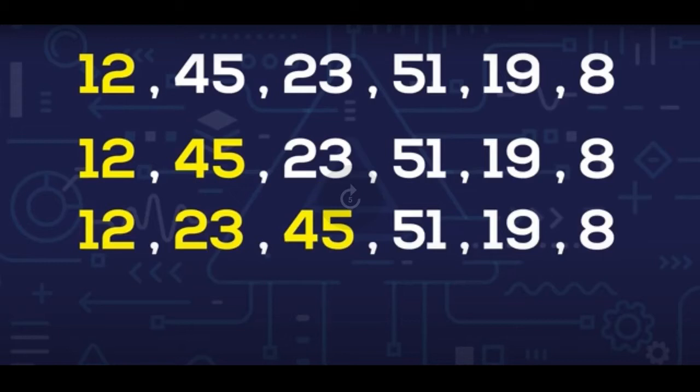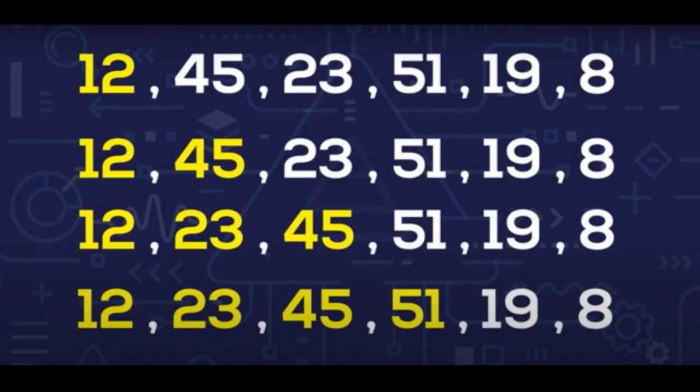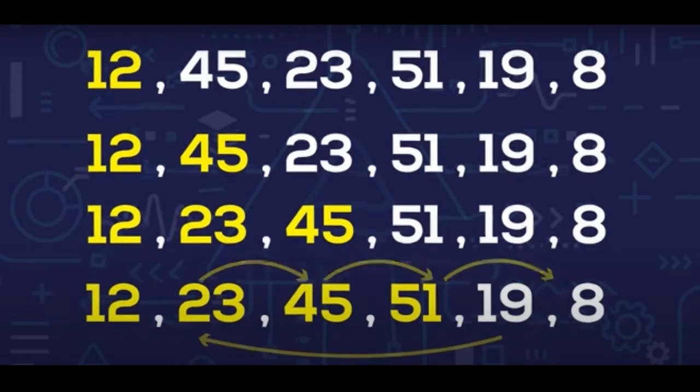Here 23 comes at the first index, that is the second position, and then it will also compare with 12, but 12 is less, so 12 will be as it is. Then we will compare with 51. 51 will stay at that position only, and then we will compare with 19. Here 19 should come at the second position. It will compare with first 51, then 45, then 23, and then it will come at the second position.